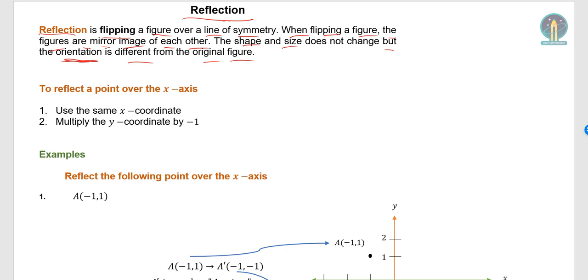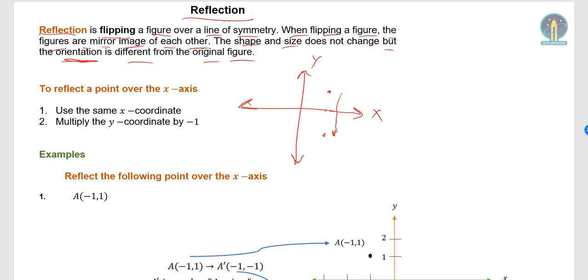To reflect a point over the x-axis, right? So coordinate plane, right? X, Y, right? So if we had a point somewhere here to reflect the point over the x-axis, right?